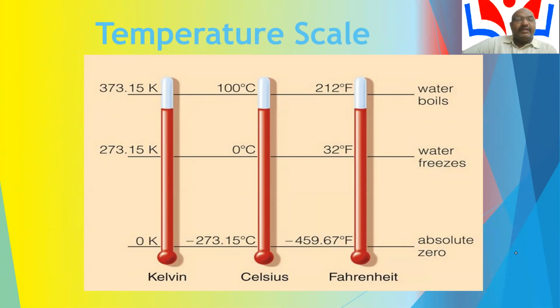For example, 273.15 Kelvin is called 0 degrees centigrade, 32 Fahrenheit, and 373.15 Kelvin is 100 degrees centigrade, 212 Fahrenheit. The water boiling temperature is 100 degrees centigrade, or 212 Fahrenheit, or 373.15 Kelvin.